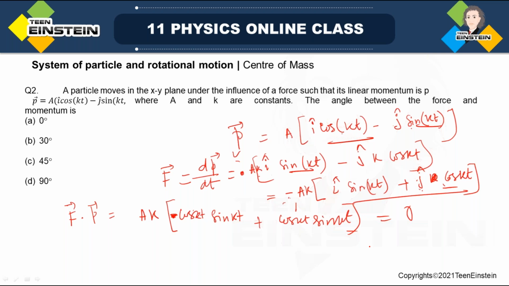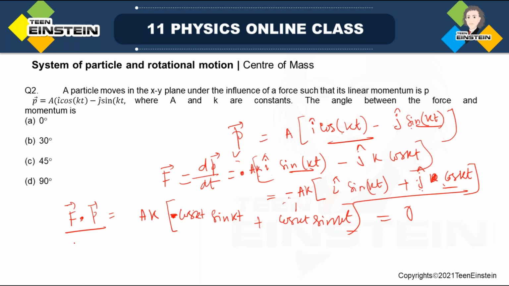So basically what you are doing is calculating the expression for the force by taking the time derivative of the linear momentum, and then you are taking the dot product of F and P so that you can calculate the angle.